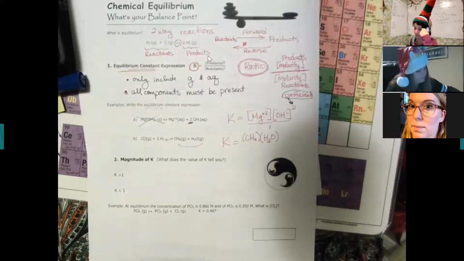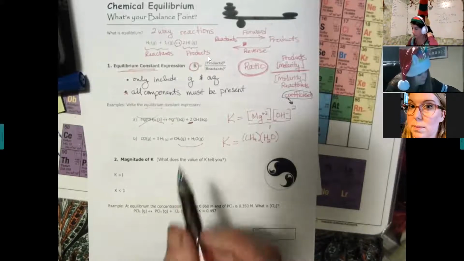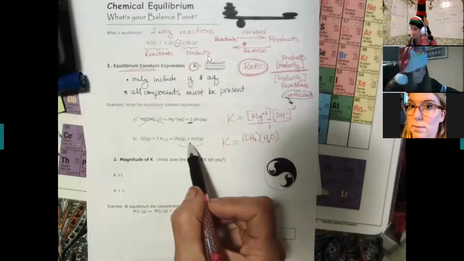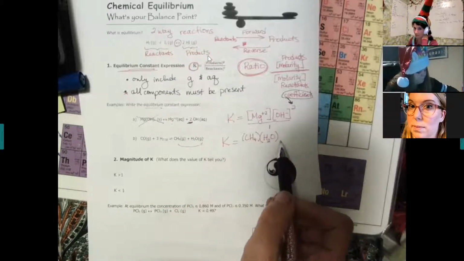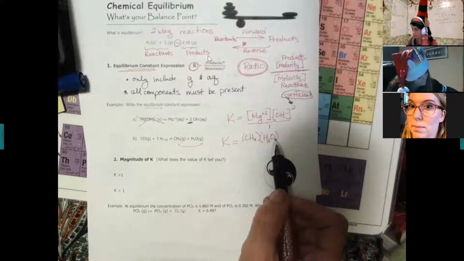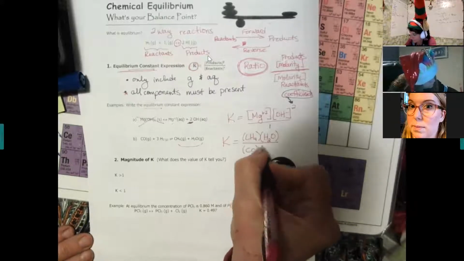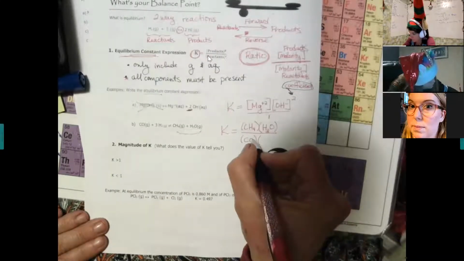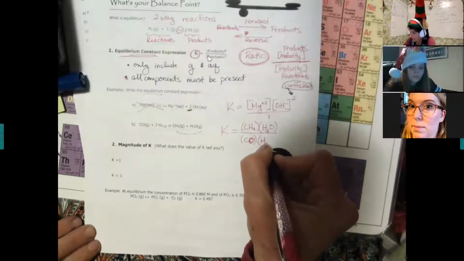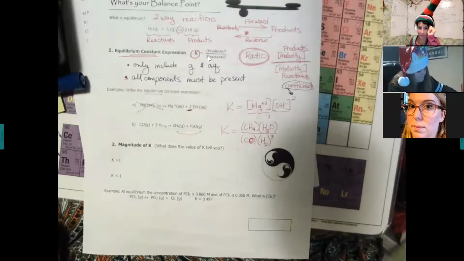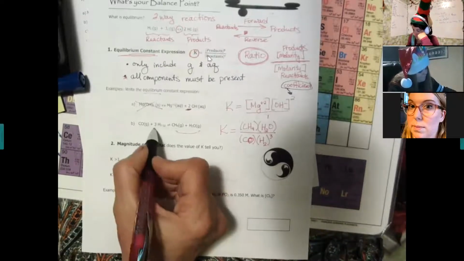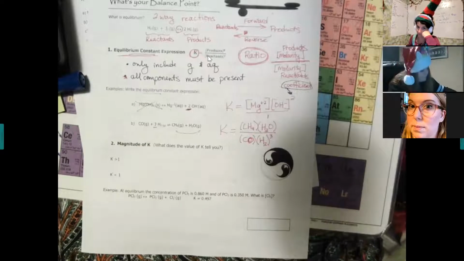That's another one of the mistakes students will often make, because in the equation we say this plus this, but in the equilibrium we're suddenly multiplying the two products. And then we say over, and we put our reactants. So it's the CO, and then the hydrogen. The hydrogen will be taken to the third power, and that third power is because of the coefficient 3 there.